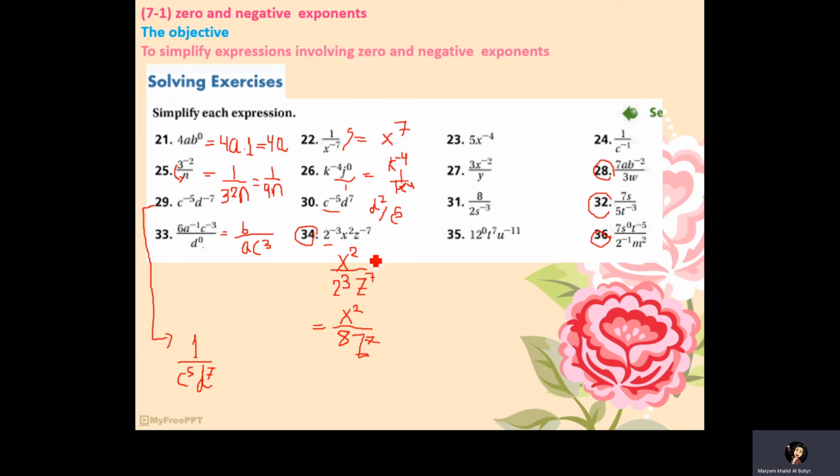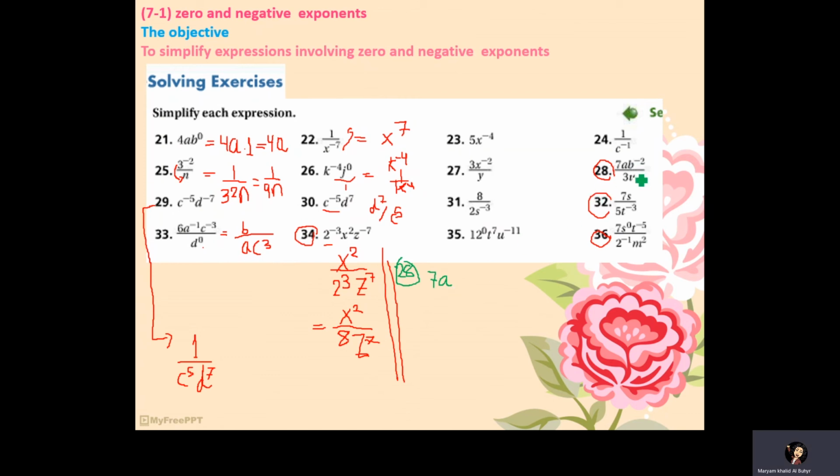Let me solve this with you. For 28, I have 7, nothing to simplify it with. 7a, it has positive power, keep it a.